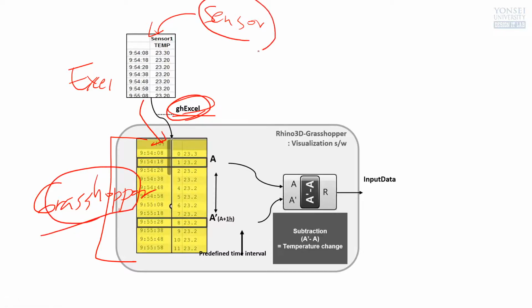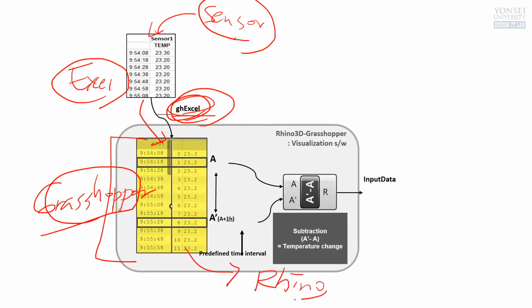So how many objects, how many entities, even in this simple data flow: sensor, Excel, and the Excel plugin I showed you before, some kind of processing, and Grasshopper. At the end, this is going to be visualized on top of Rhino, right? And external data as well.